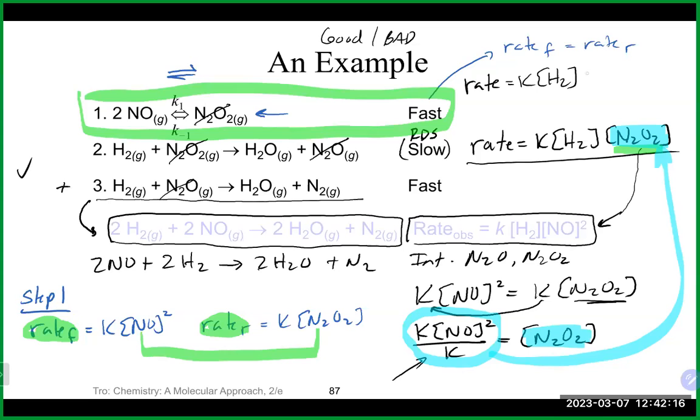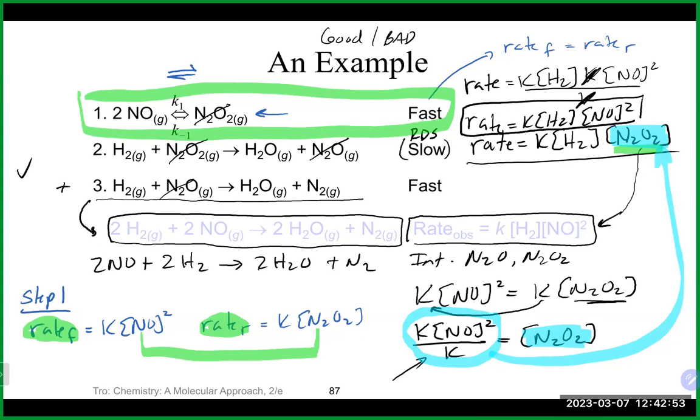And that would give me K times NO squared divided by K. I could do a little cleaning up here. I have 3 Ks, right? And those Ks are the rate what? Rate constant, which means should they be the same number or different numbers? Right, which means 2 of these will go away. Which means now I have the rate is equal to K times H2 times NO squared.